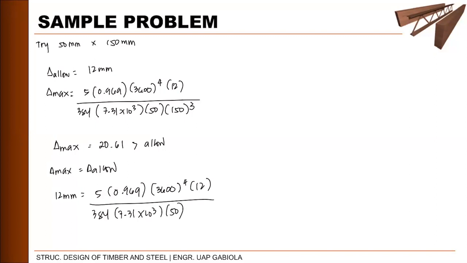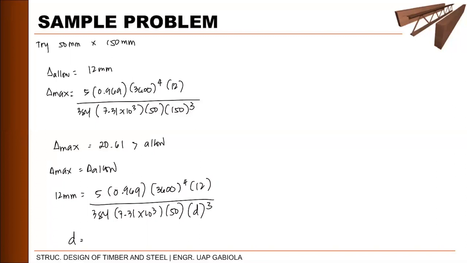Then gawin nating unknown yung depth natin. Okay? Then upon calculation, makukuha natin D is 5 times 0.969 times 3,600 raised to 4 times 12 all over 384 times 7.31 times 1,000 times 50. Okay, may makukuha tayong value.